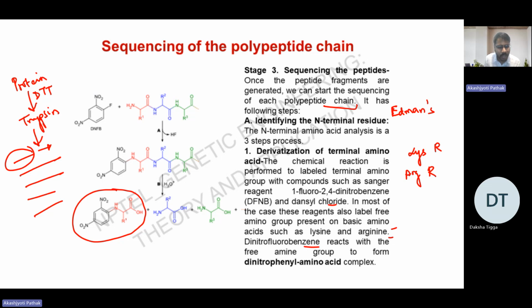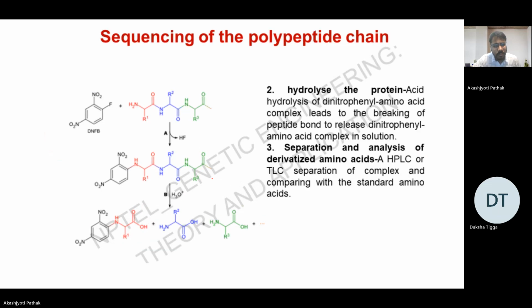This R1 will form this dinitrophenyl amino acid complex, and once you treat it with an acid, you can get the second and third amino acid residues as well. Now, in the next step, you hydrolyze the protein. First you react the protein with DNFB, and your amino terminal amino acid will form a bond with this DNFB.